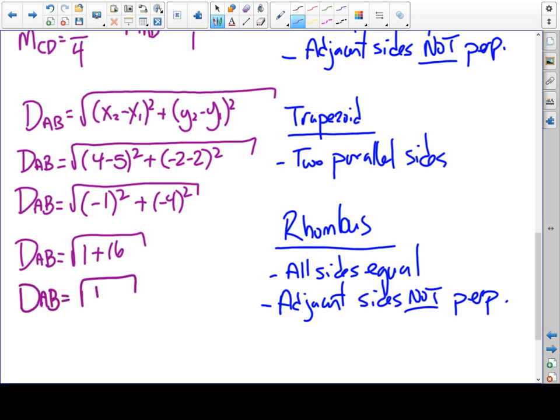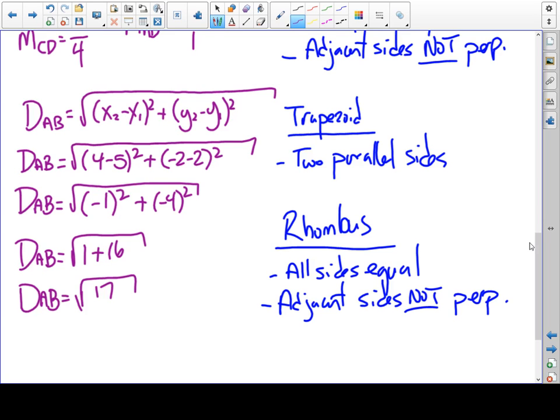We can see that the side length AB has a length of the square root of 17. 17 is not a root that can be simplified, so we are finished with side AB.